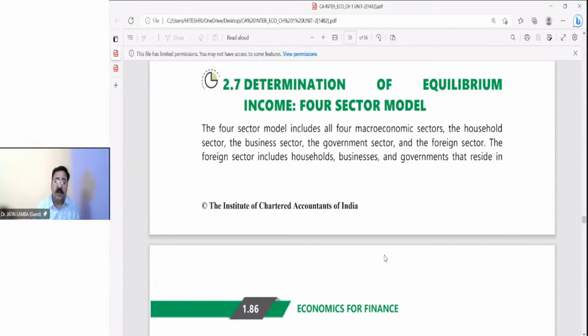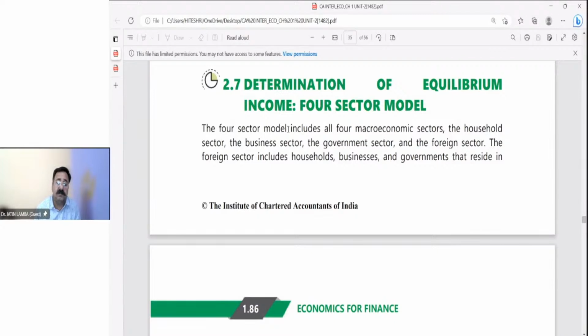So as we have discussed, in two sector model there are only two sectors, namely household and firms, right? And in three sector models there are household, firms and government. And in the government sector, we have discussed three cases.